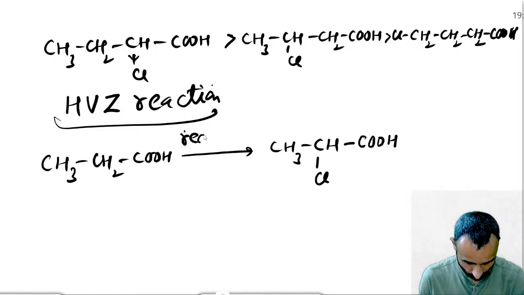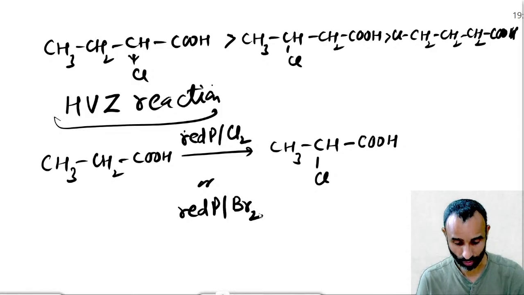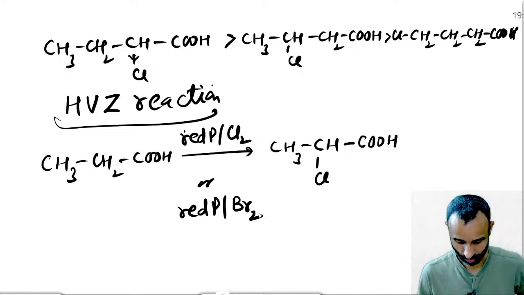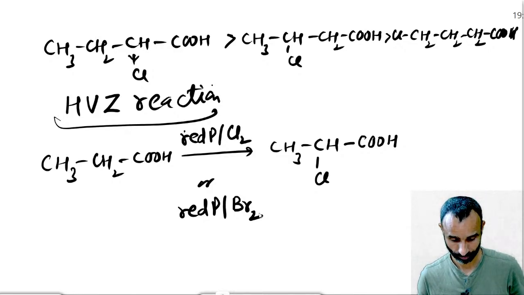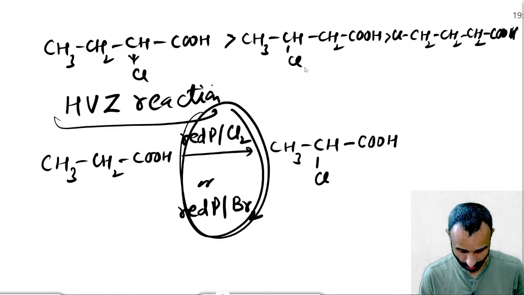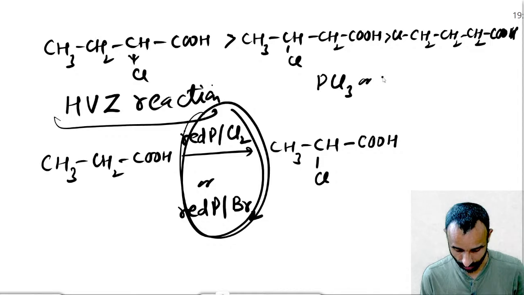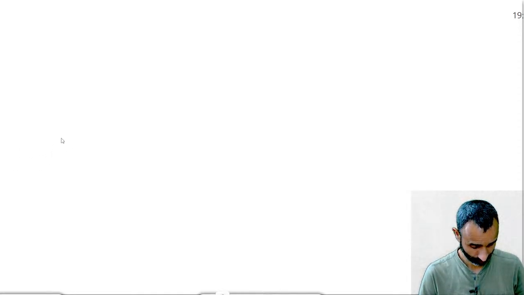So we get these products, because red phosphorus and Cl2 or Br2 will give PCl3 or PBr3. Oh okay, sir, the same reagents we used for alcohol too.